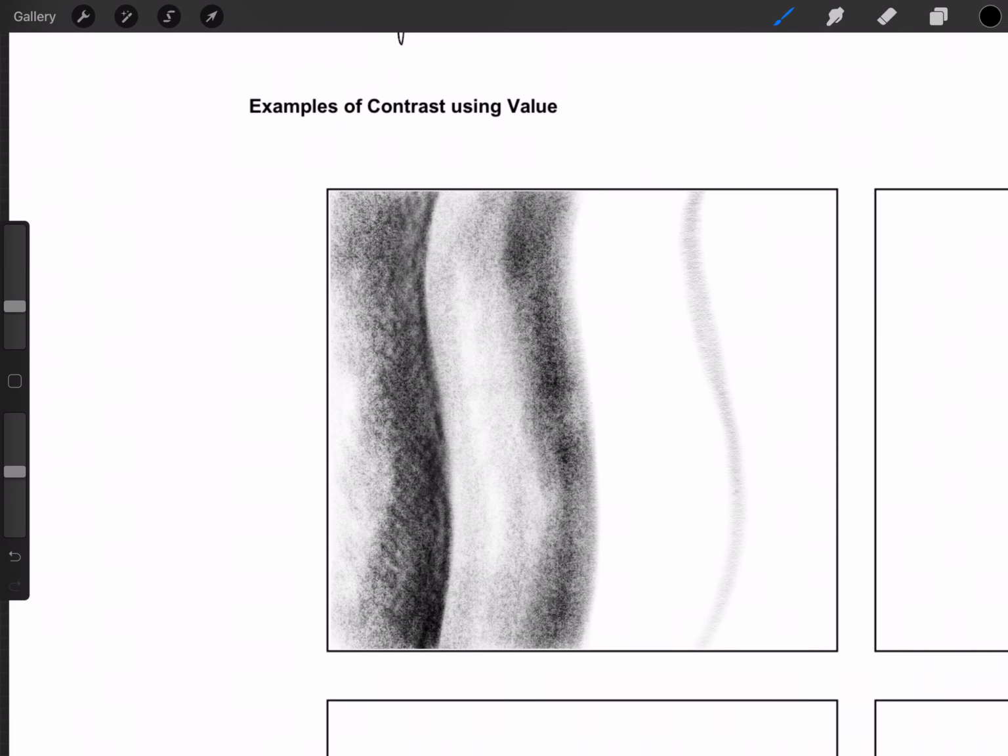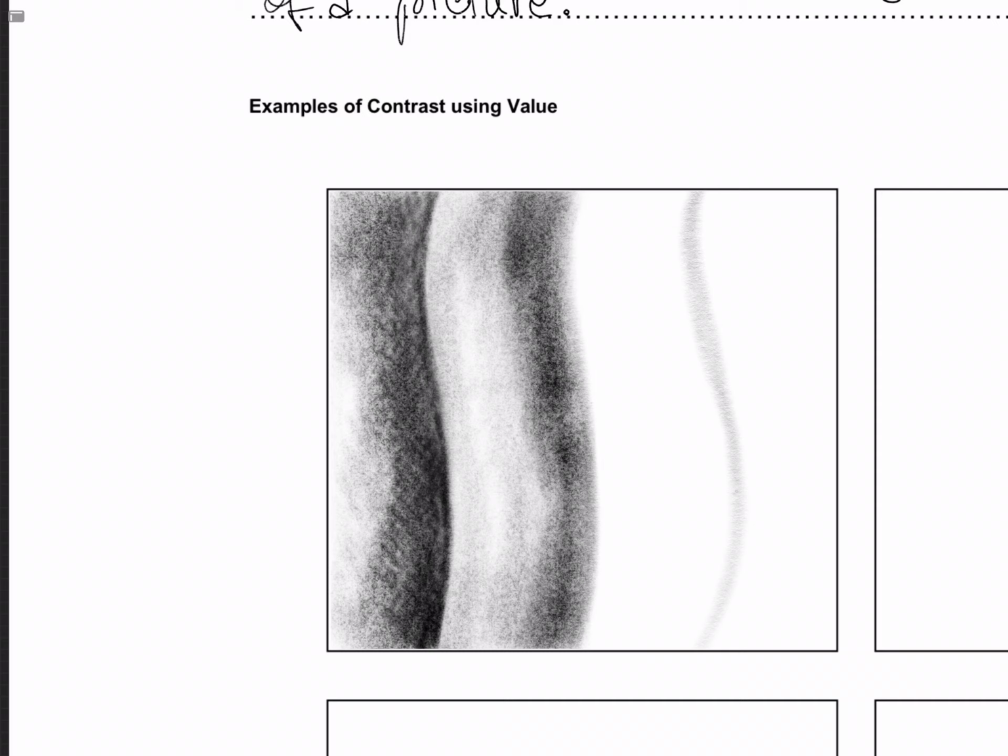So many times what happens when you begin drawing is you focus too much on outline and you forget about the rest of the image. And this is when I want you to start thinking more about the whole entire section and the values that you might see.